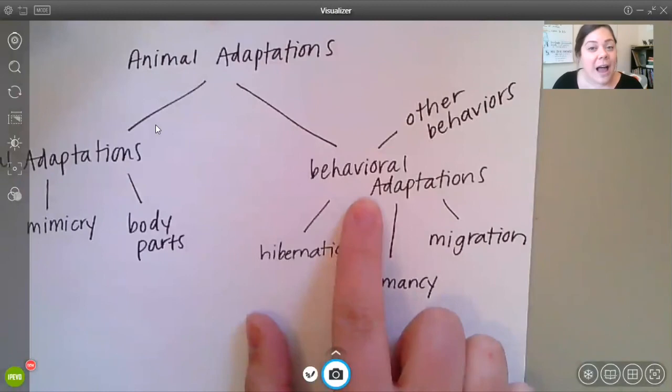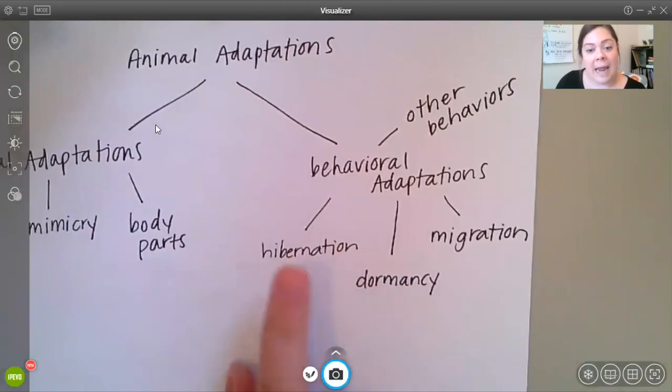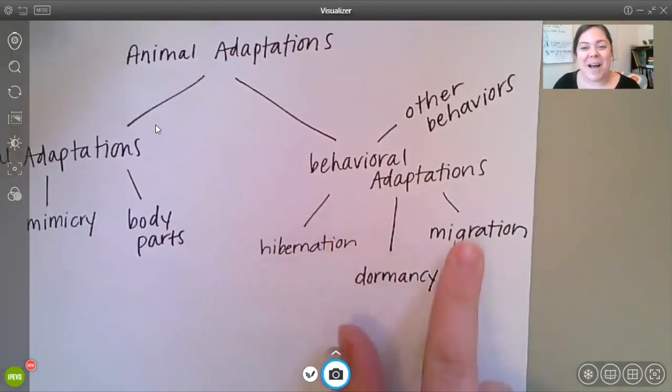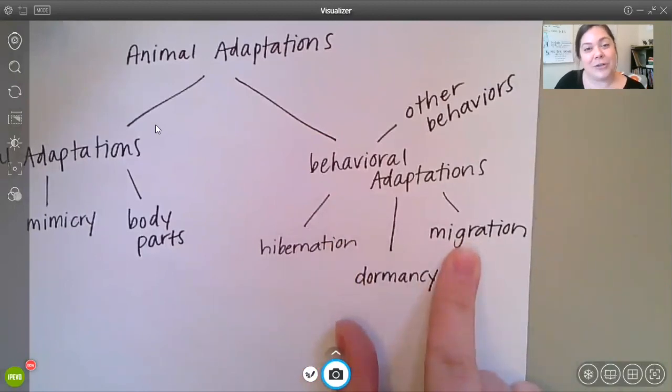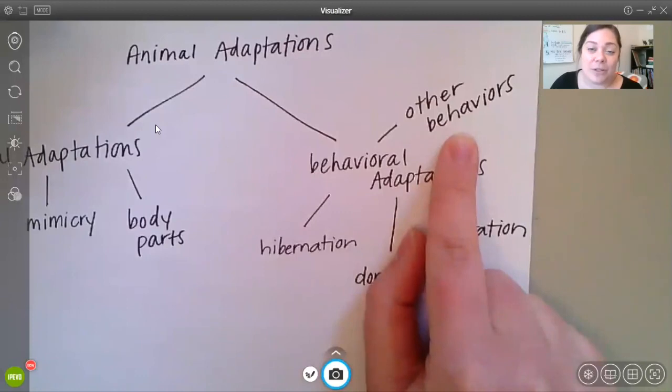And those behavioral adaptations are actions that animals take or use in order to survive, like hibernation and dormancy, when animals and plants rest and store their energy through the winter months, or conserve their energy through the winter months. We also spoke about migration, when a large group of one species move together in order to survive in a new habitat. We also talked about some other behaviors that animals use in order to survive, like our squirrels storing nuts and our prairie dogs digging holes.